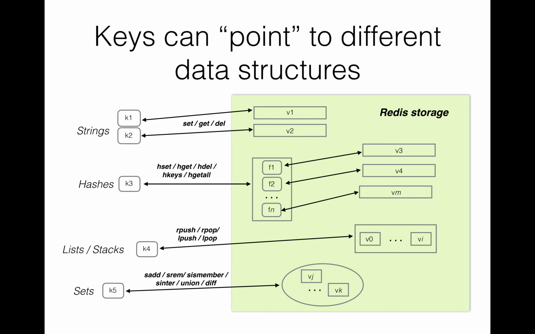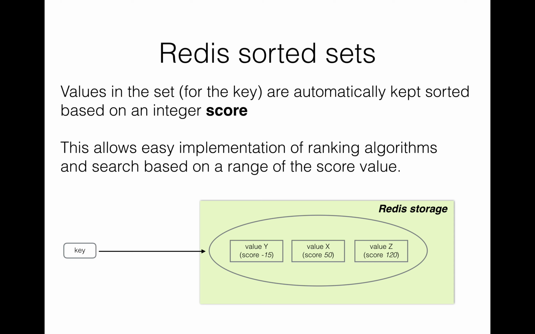In this use case, we'll use something more sophisticated than a normal set. We can use a sorted set, which is like a set, but each value is associated with a numeric score, which is an integer, can be positive or negative, and Redis keeps the values sorted at all times according to the score.